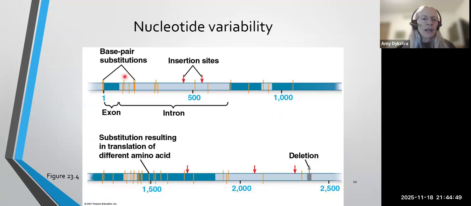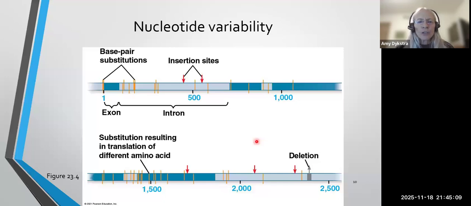All of these little yellow hash marks are places where there are variations amongst individuals. And by the way, this diagram is based on the gene for alcohol dehydrogenase, which is an enzyme that is produced in fruit flies.